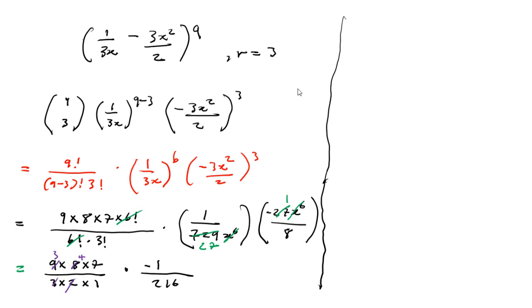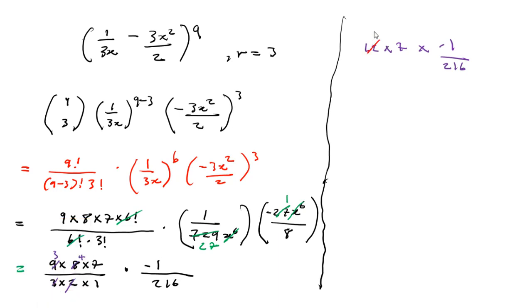Because 3 times 4 is 12. So you're going to have times 7 there. Then you're also going to say times minus 1 over 216. Remember, this doesn't simply stand for times. So can 12 go into 216?